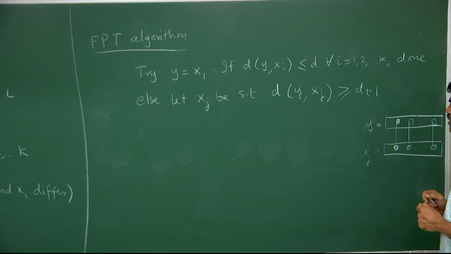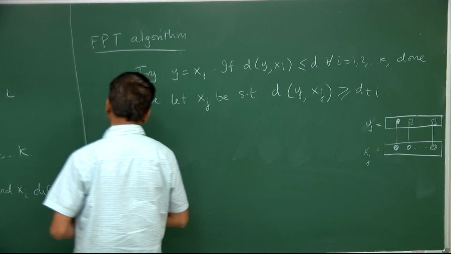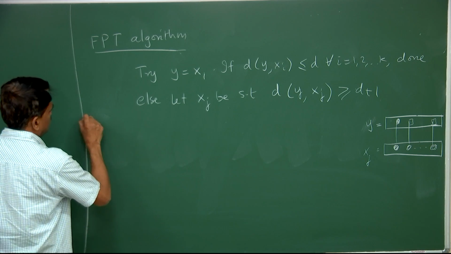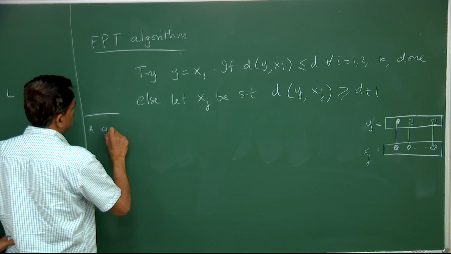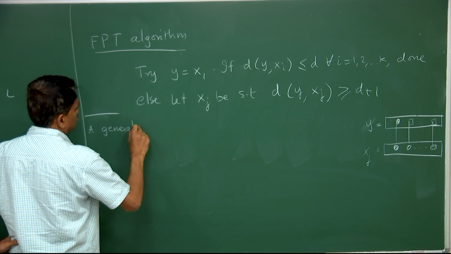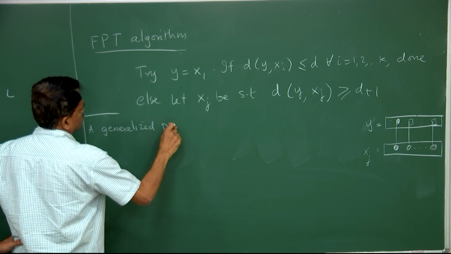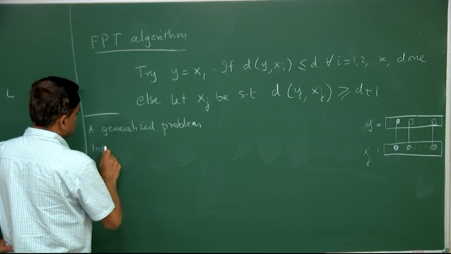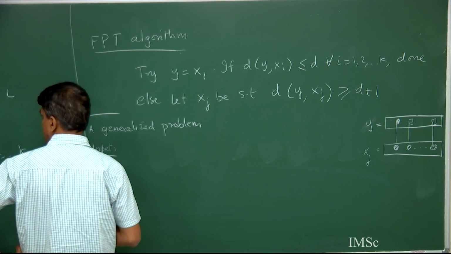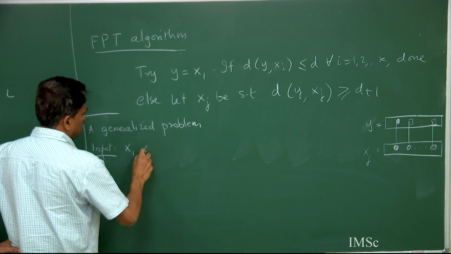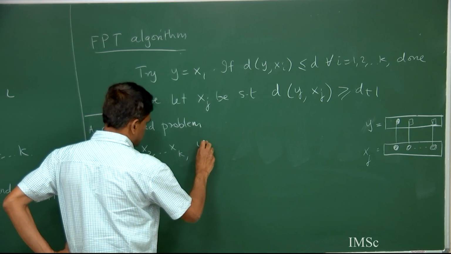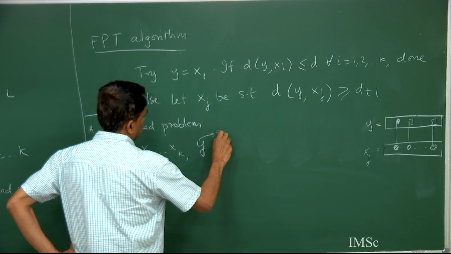Let me write down what I am saying. We will create a more general problem, a generalized problem. The input is x1, x2, up to xk, plus some other string, a candidate.